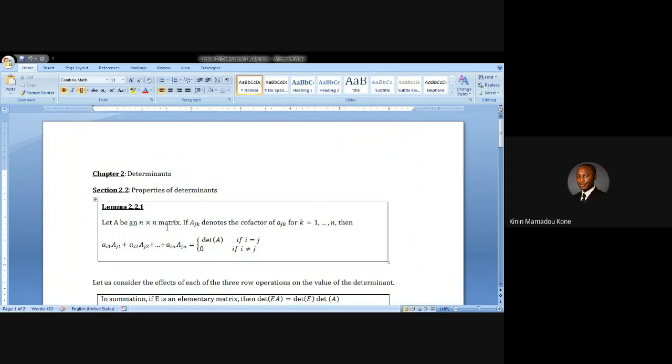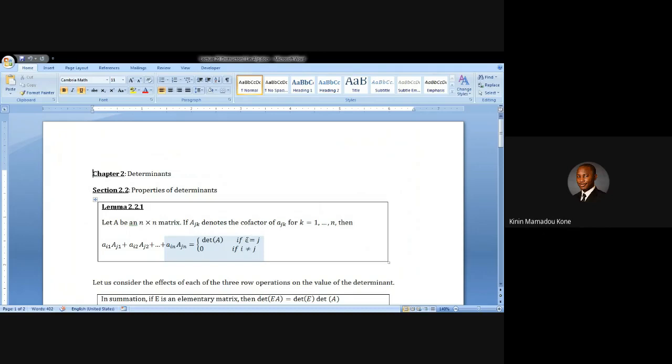Let A be an n by n matrix. If A sub jk is the cofactor of A sub jk for k going from 1 to n, then we have the following. If i equals j, we have the determinant of A. If i is not equal to j, this is going to give you 0.